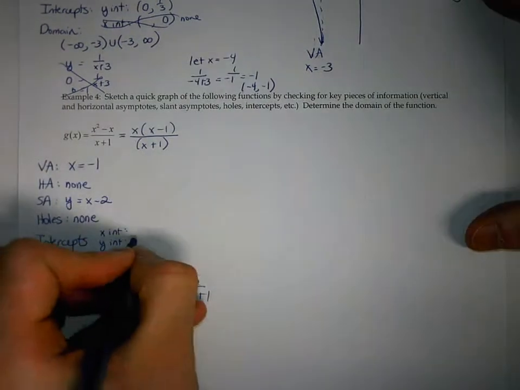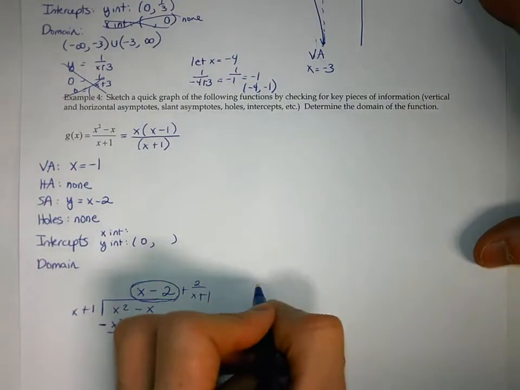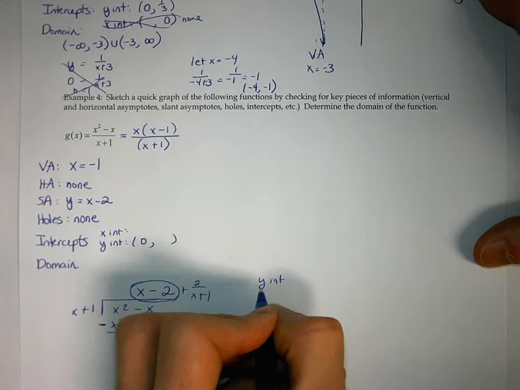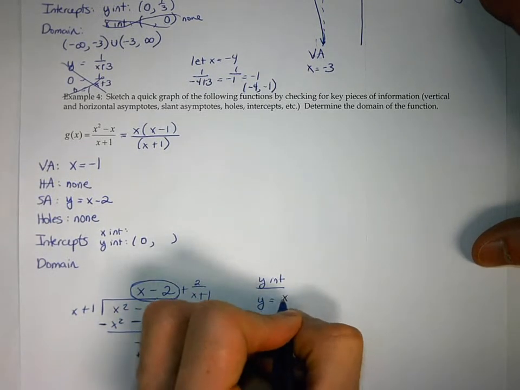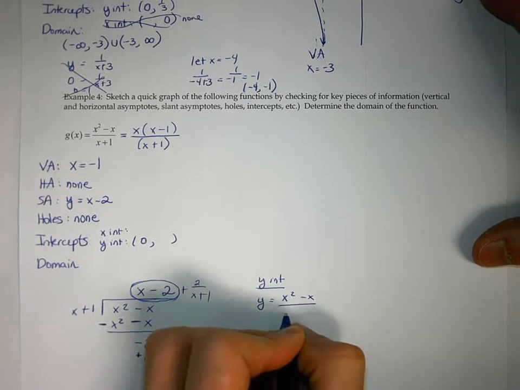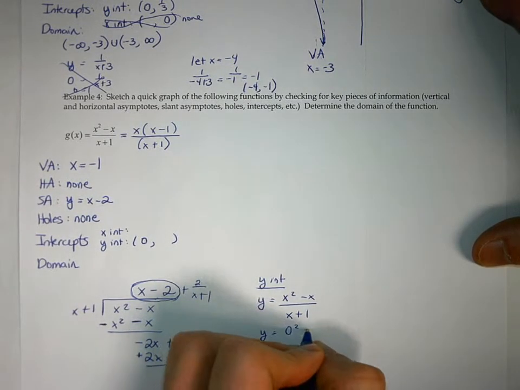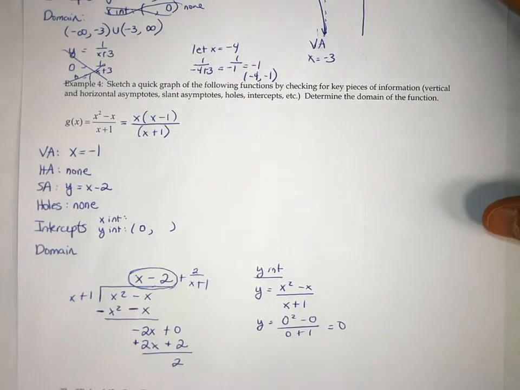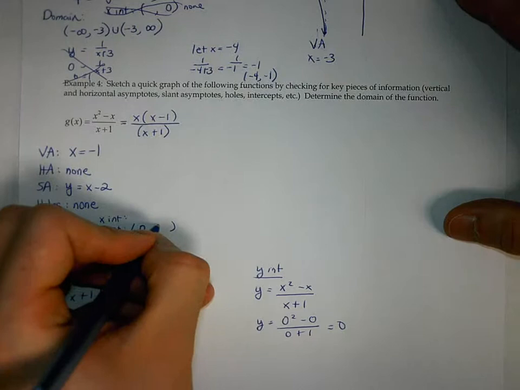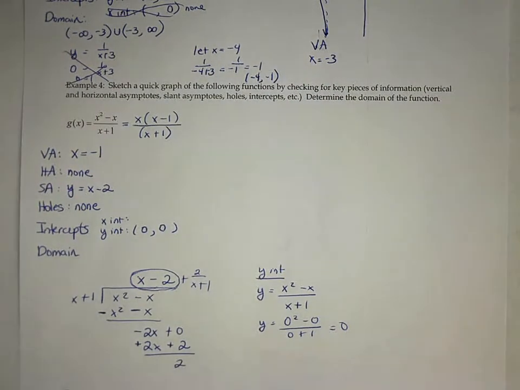So our y-intercept is going to be 0 comma something. For my y-intercept, we are going to plug in a 0 wherever we have an x. So we're going to have 0 squared minus 0 over 0 plus 1, which is just 0.